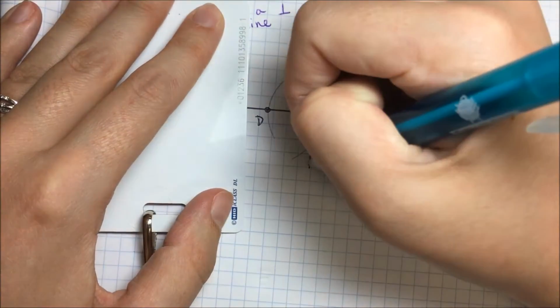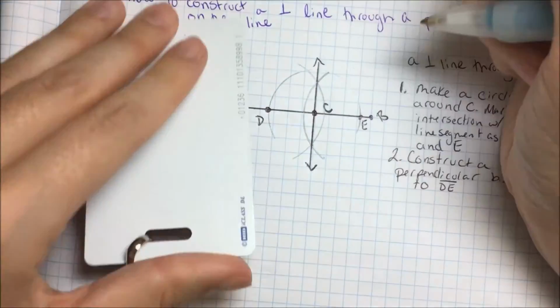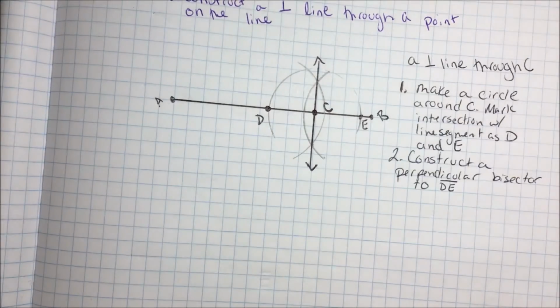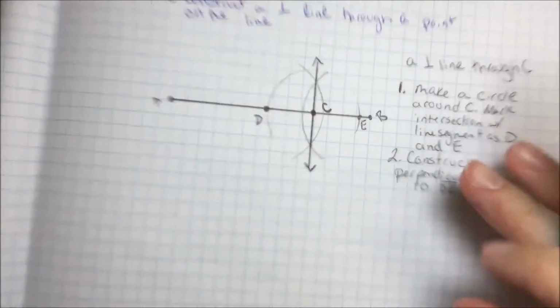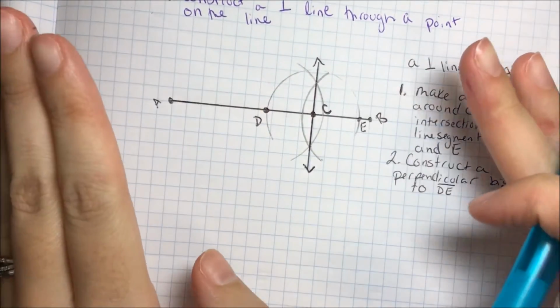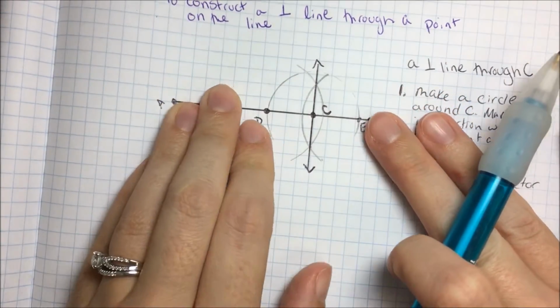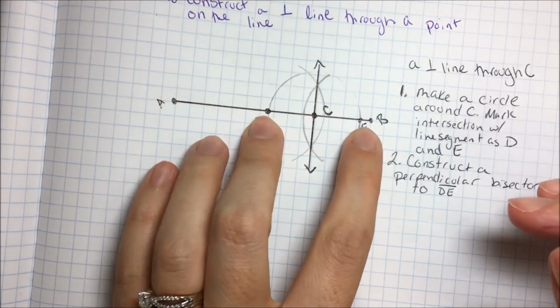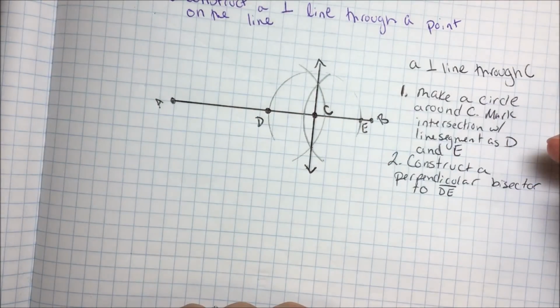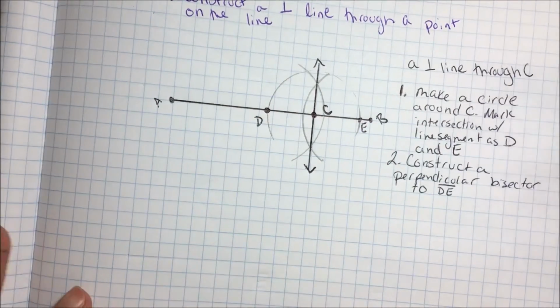There we go. Okay. So essentially what I did is I made a second line segment on AB that C was the center of, and I did that by constructing a circle, and then I've made the perpendicular bisector of that segment, which is pretty neat.